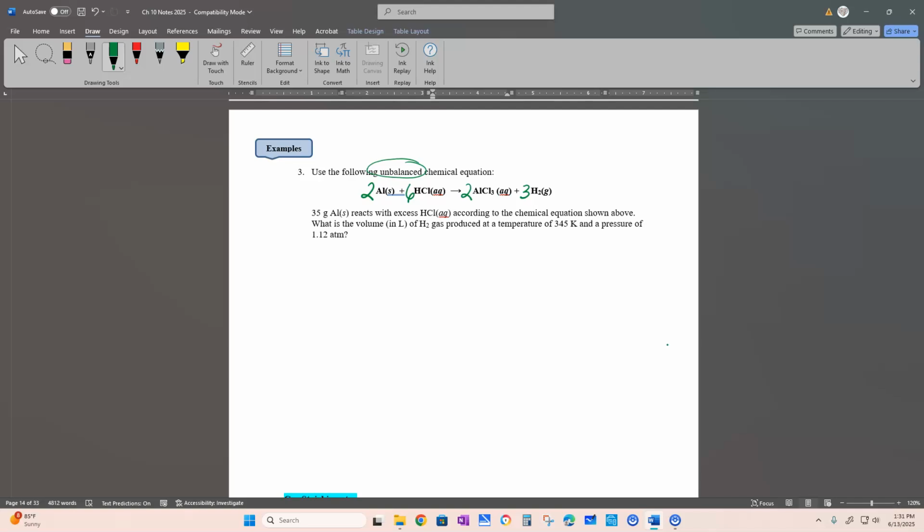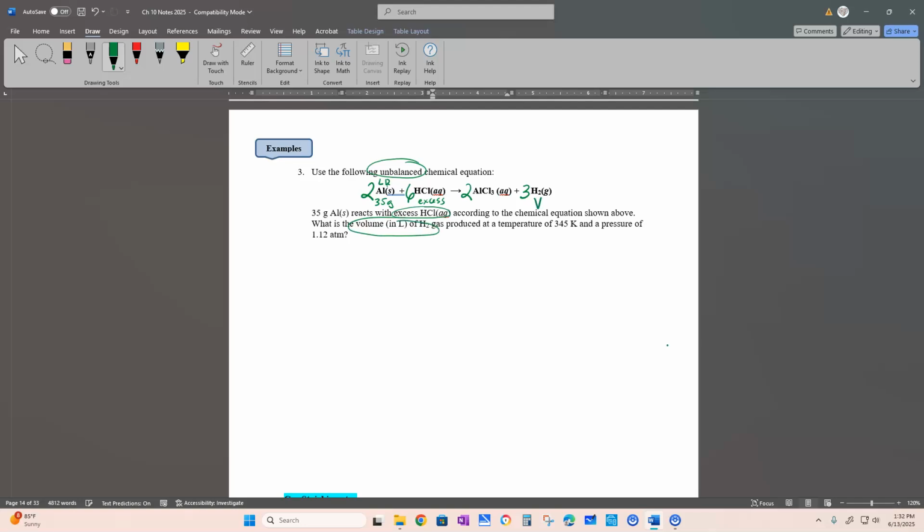Sweet. I have 35 grams of aluminum, so I like to write my info underneath. And that says excess HCl. Well, that just told me if HCl is in excess, that means my aluminum was probably my limiting reagent. Not sure if we need it, but I'm just labeling what I know. According to the equation above, what's the volume of hydrogen?